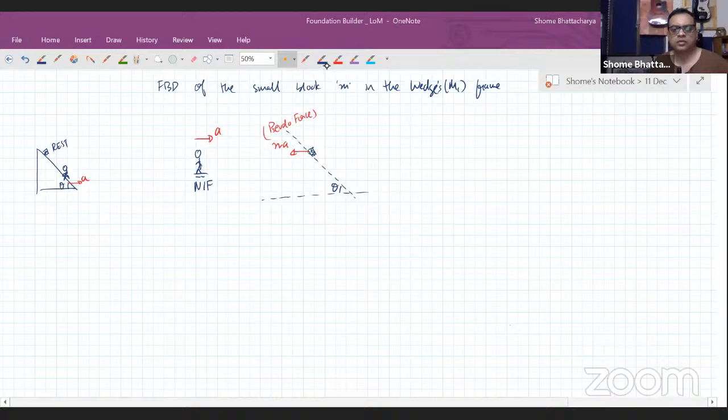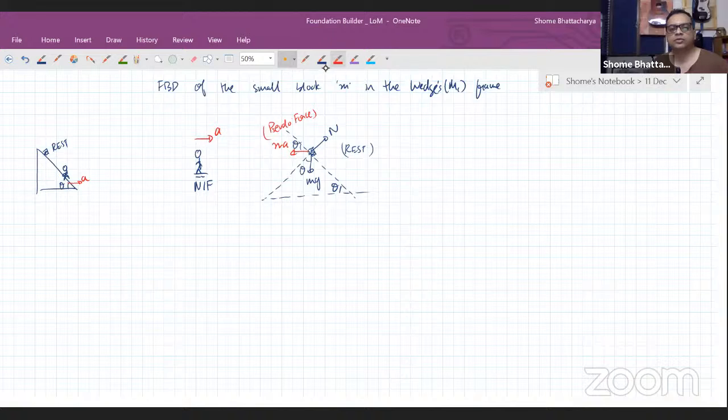Okay, and there will be mg, and there will be normal reaction, and this should be at rest. So you have to balance the forces. Okay. So when you're balancing the forces, remember this angle will be theta and this angle will be theta.